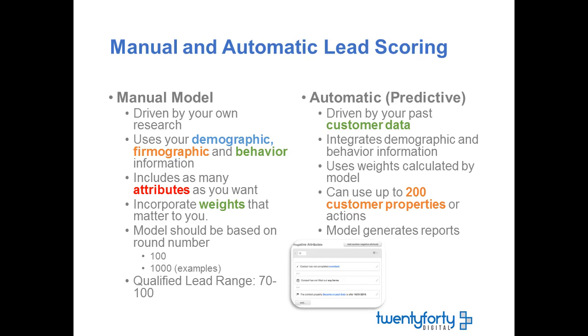So there are two types of lead scoring. One is manual, as Tom hit on, and I'll cover some of this information later on in the presentation. It focuses on using the demographic information, the firmographic information, and the overall behavioral information.